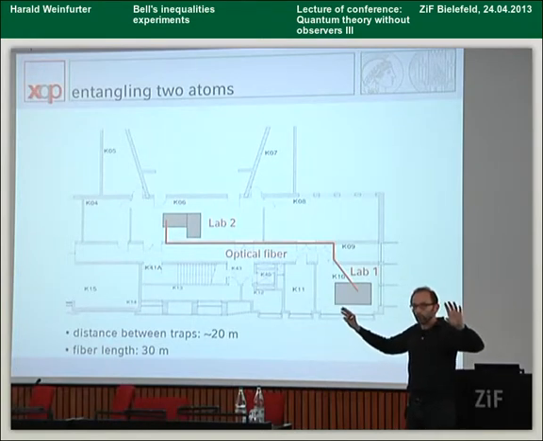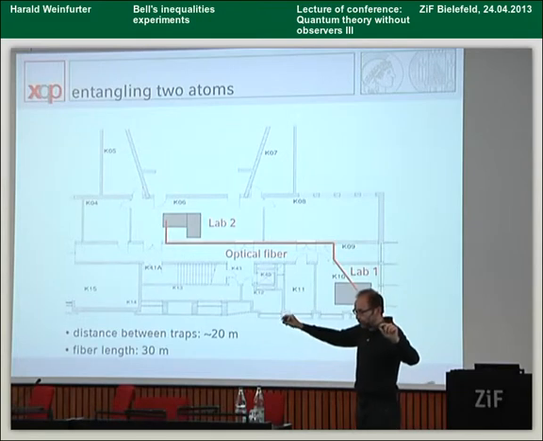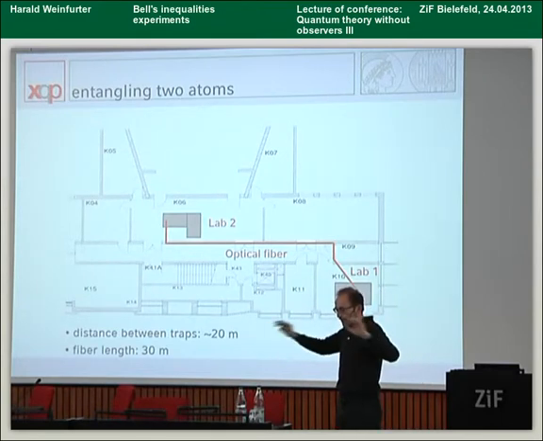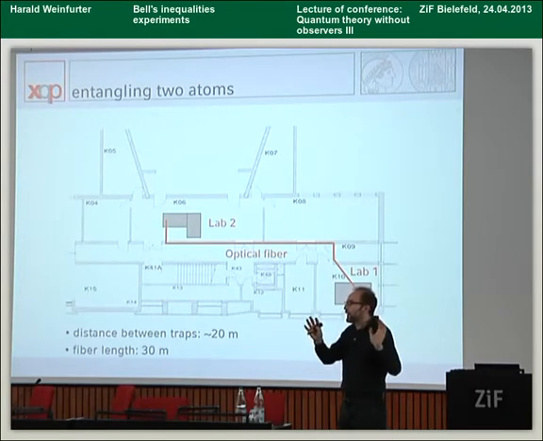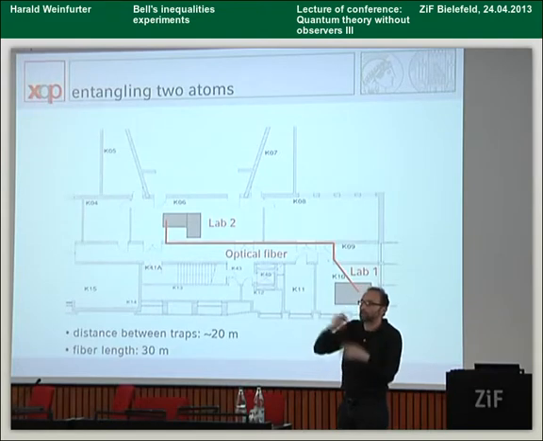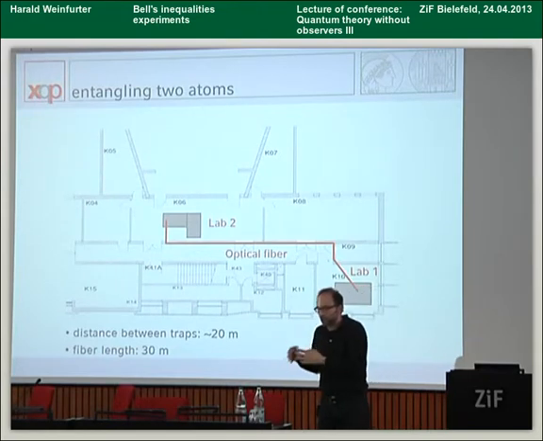Okay, and the goal now was to get entanglement between these two atoms in these two cells, which are trapped and manipulated by effectively completely independent setups. So each of the two setups can run its own program, and actually does run its own program.